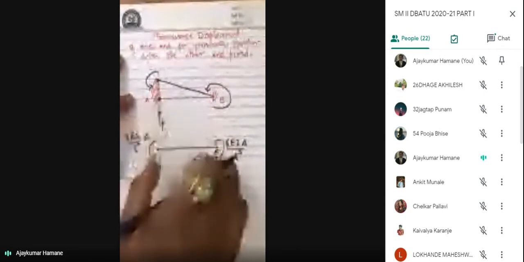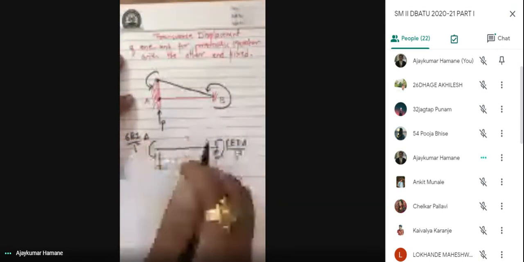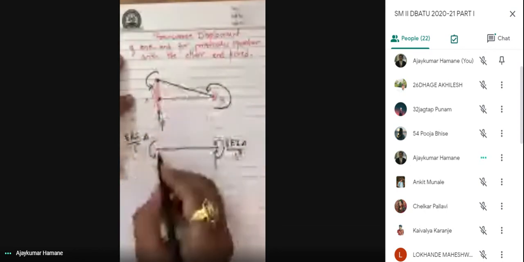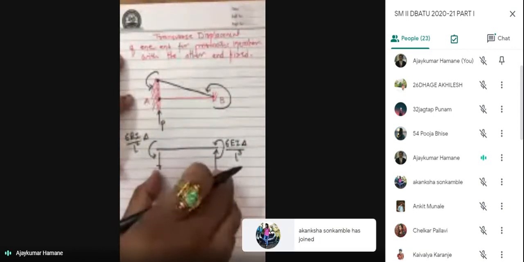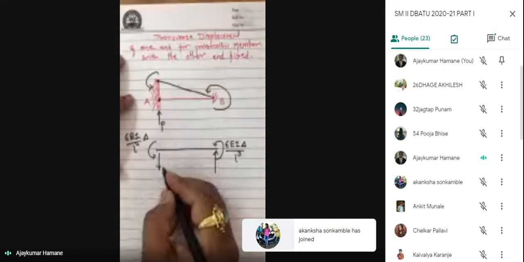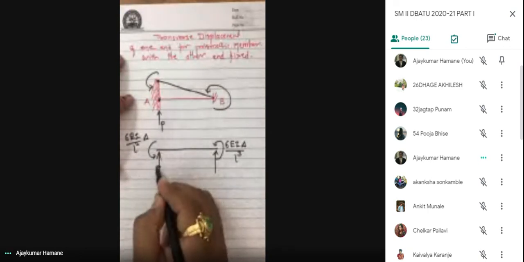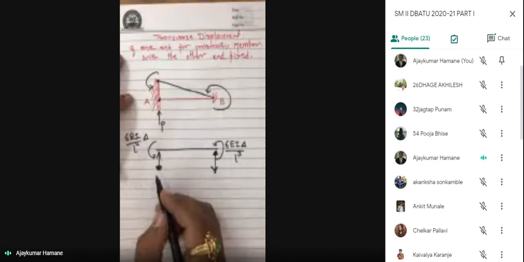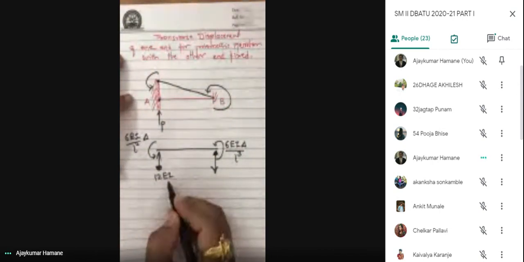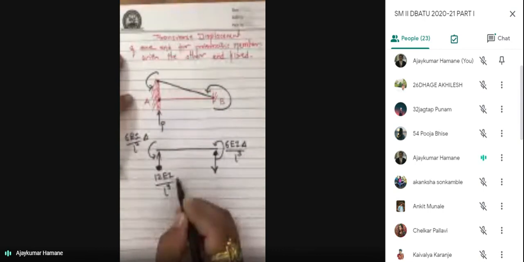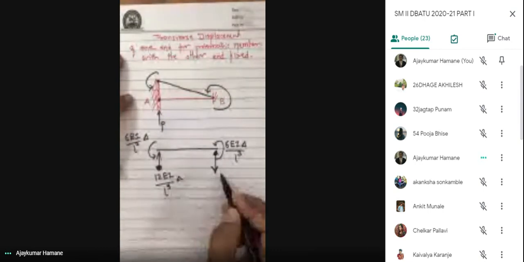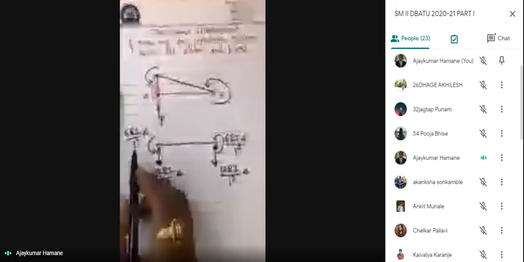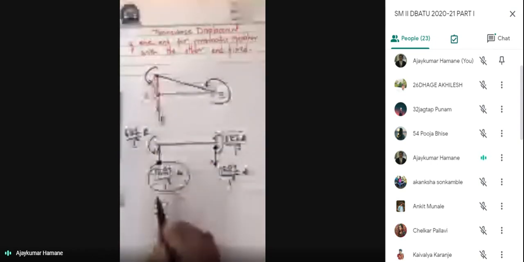If the moments are anticlockwise, sorry, the moments are anticlockwise, so this reaction produces a clockwise moment, so this one will be upward, this will be downward. Okay, so 12 EI upon L cube into delta.